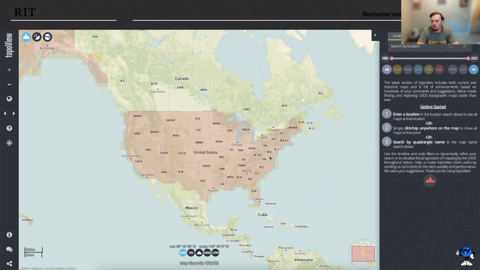A common topographic map was a 1 to 24,000 quadrangle, also referred to as a 7.5 minute topographic map, insofar as it displays an area covering 7.5 minutes of latitude by 7.5 minutes of longitude. Topographic maps were also available in smaller map scales, such as 1 to 100,000 and 1 to 2 million.